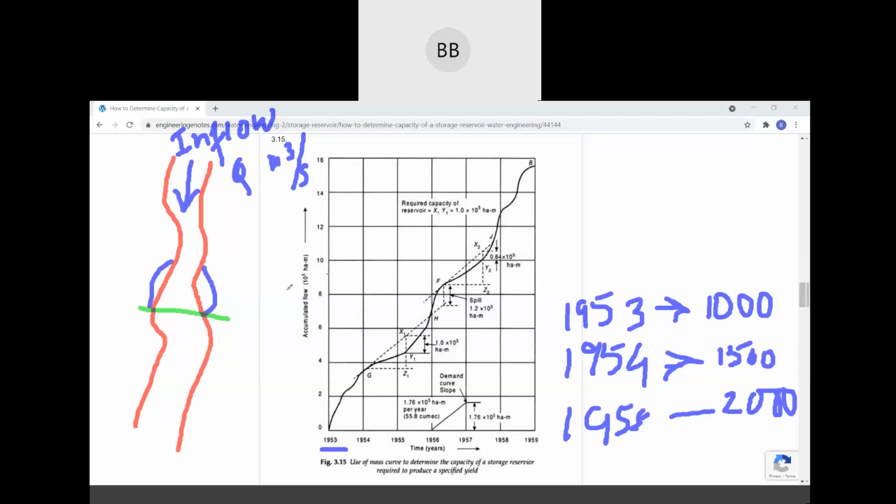So now we have to take accumulated inflow, then only we can plot in this graph. When we consider accumulated inflow, I think we have already discussed in the last class what accumulated inflow is. Accumulated means we are going to add. So 1953 we have 1000.